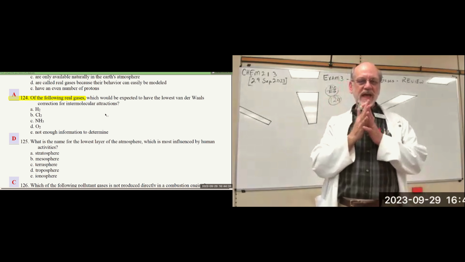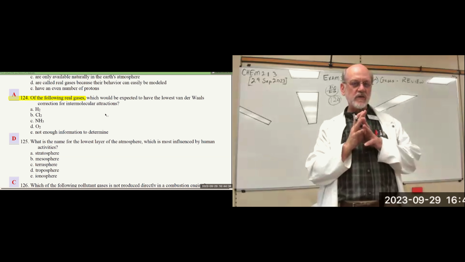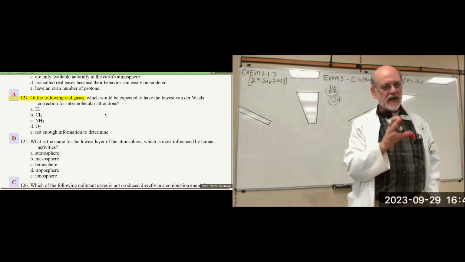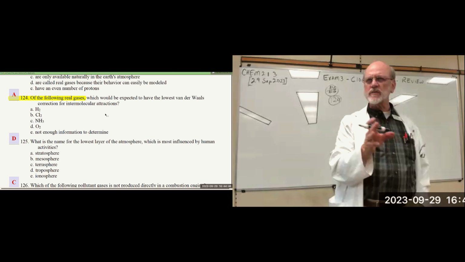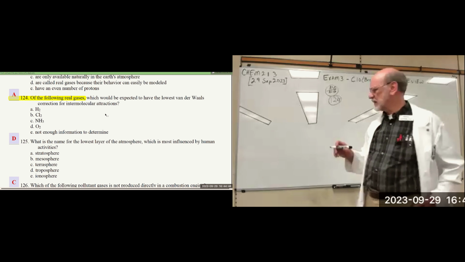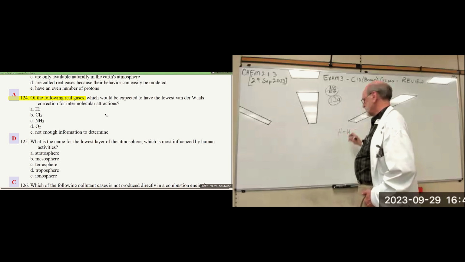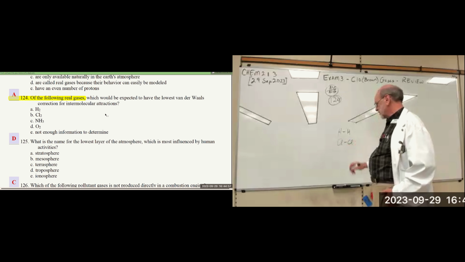Of the following real gases, which would be expected to have the lowest van der Waals correction for intermolecular attractions? So in this one, we have to look at polarity. Right? Have we talked about polarity? Good. Okay. So we've got hydrogen, which is like that. We've got chlorine, which is like that.